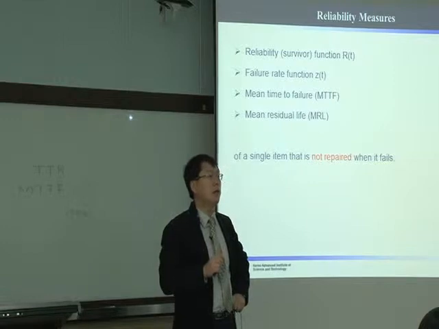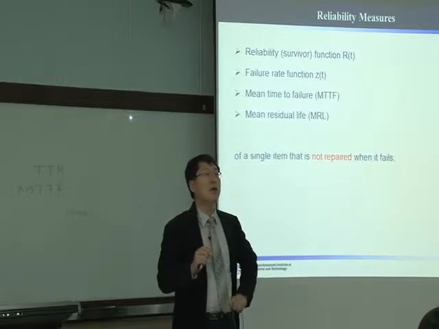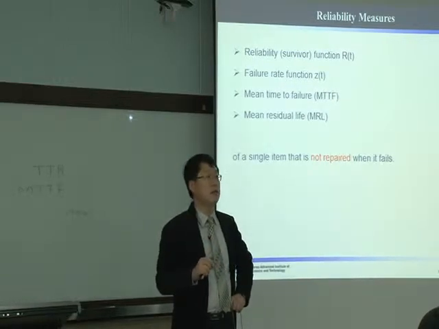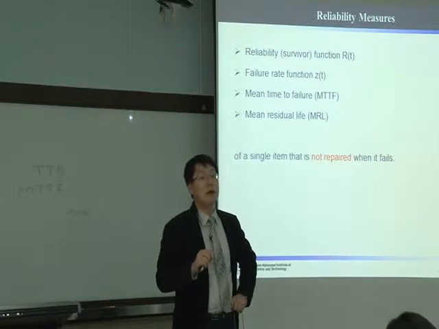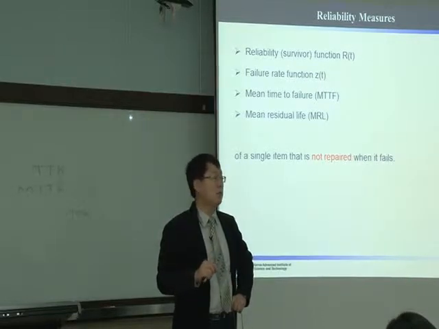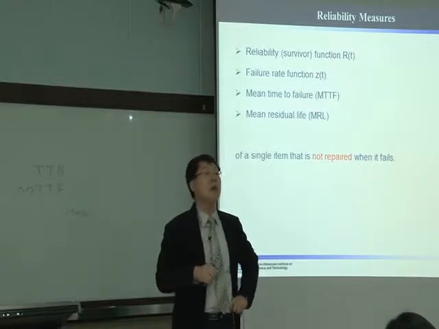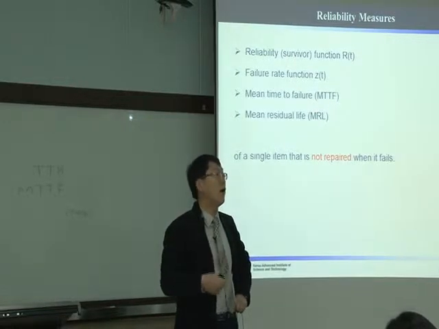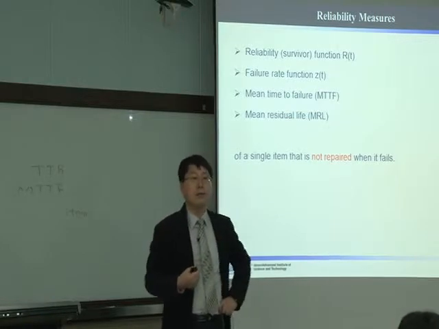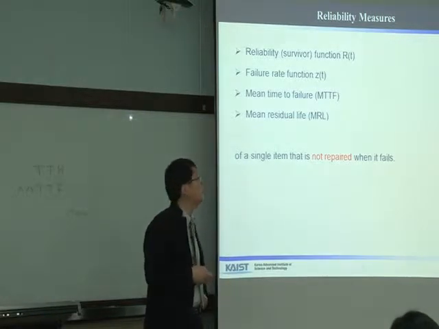Availability is a combination of reliability plus maintenance. So for a maintained item, we use the term availability. Reliability is applied only to the item that is not repaired.